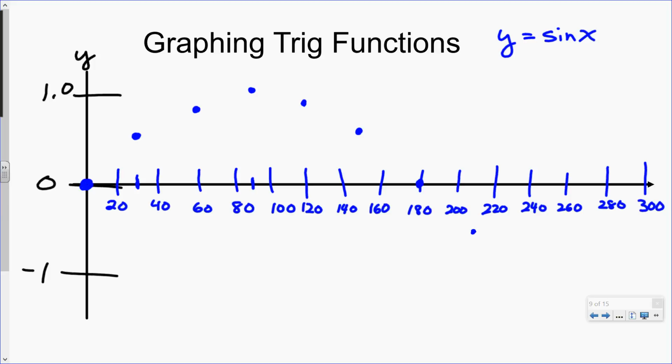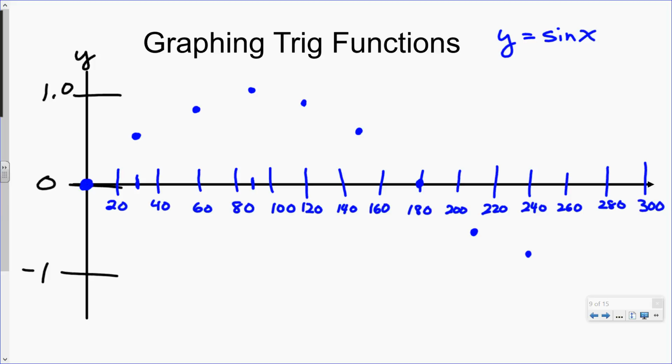Now 240 is negative 0.86. So instead of positive 0.86, like over here, we're coming down at negative 0.86. I'll put it about right here, almost at negative 1. Not quite there.